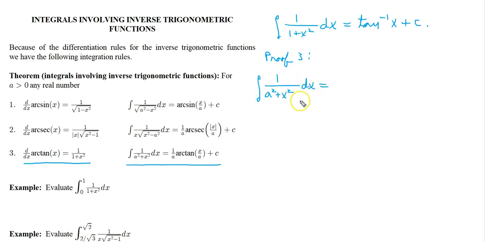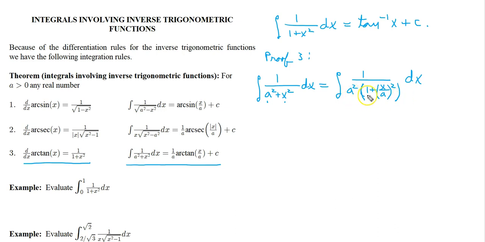So if we start with this quantity, let's do a little bit of manipulation here. So I'm going to pull out an a squared from the denominator and write this as follows. I just want to turn it into something that looks like this. So all I did is factor away an a squared from both of these terms right here. Just pulled an a squared away, and we have this.